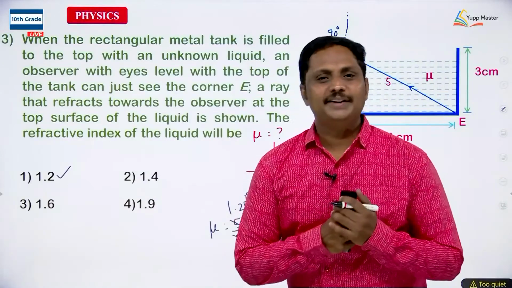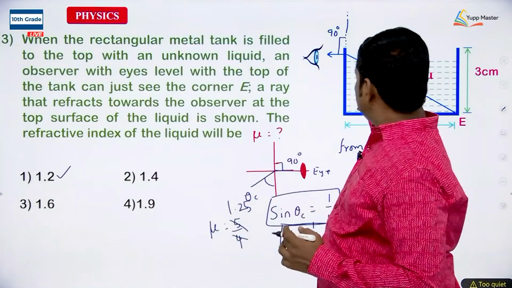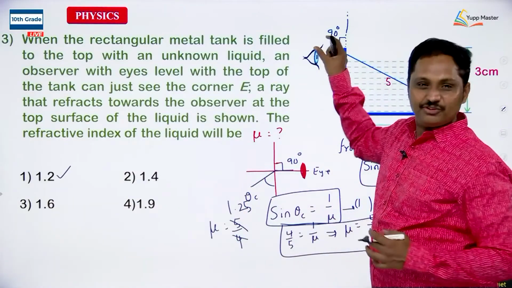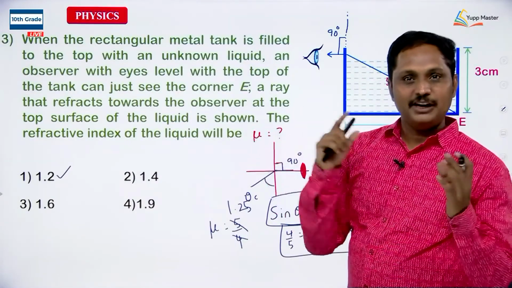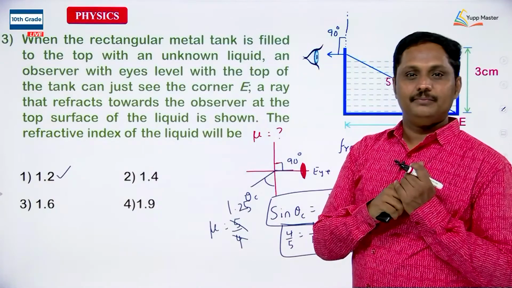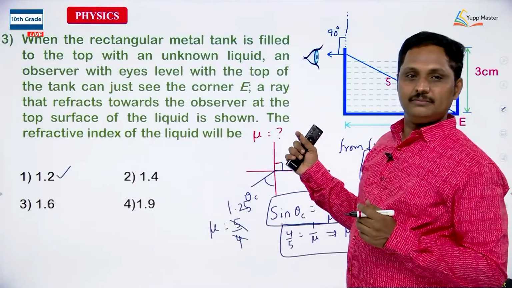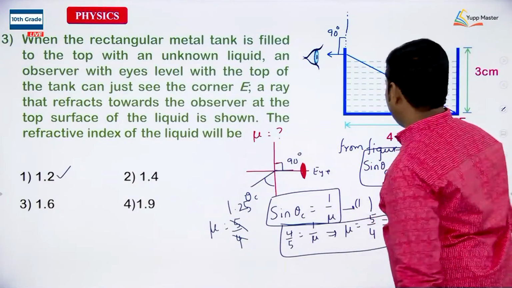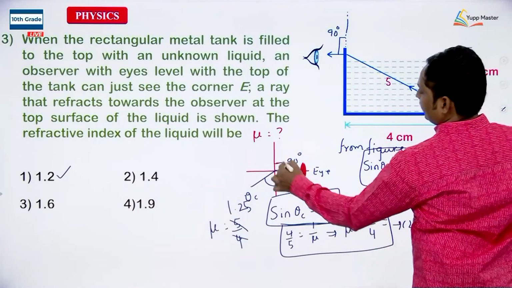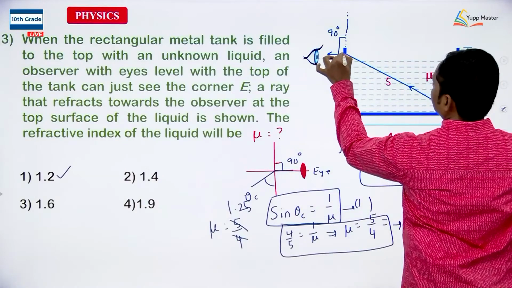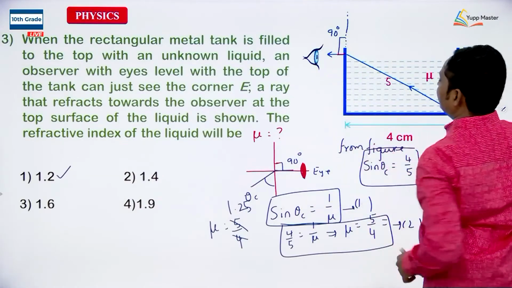Everyone has to identify, in diagram based questions, what internal principle is involved, and then solve it. Finally, we have achieved that concept, and it is observed at 90 degrees.